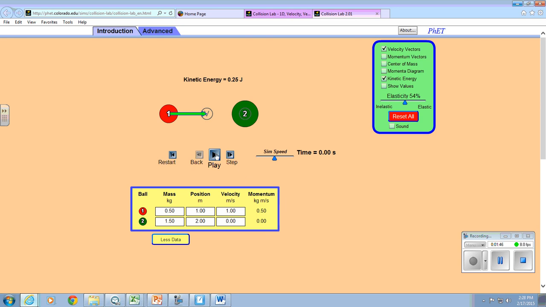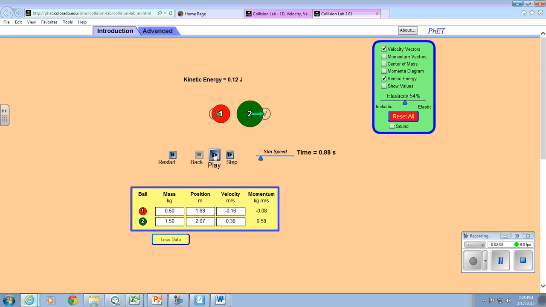If I run the simulator, speed this up, and allow them to collide, what you'll see as I continue to run this is the energy will no longer be conserved, so the energy is going to drop, but the total momentum is going to stay at 0.5.